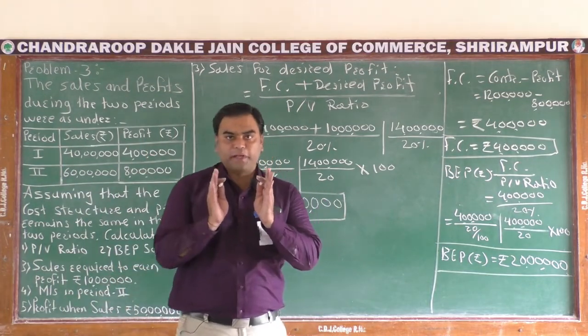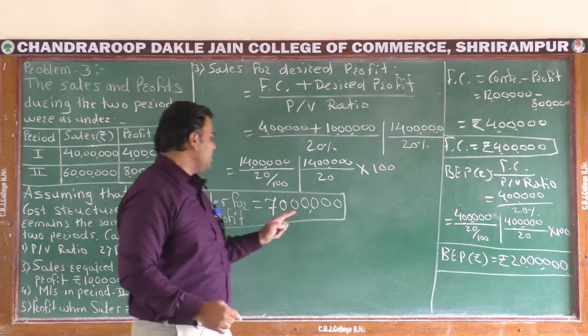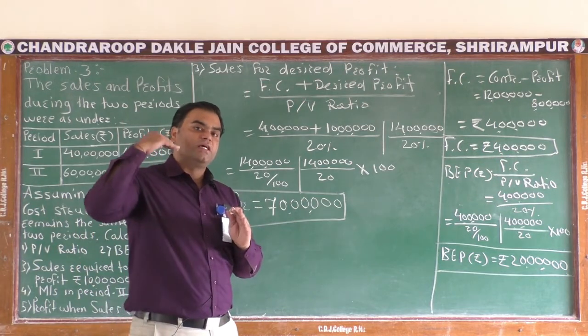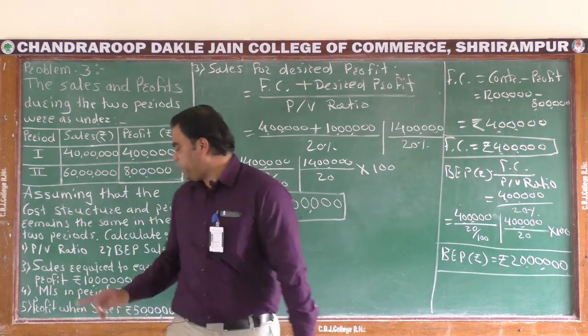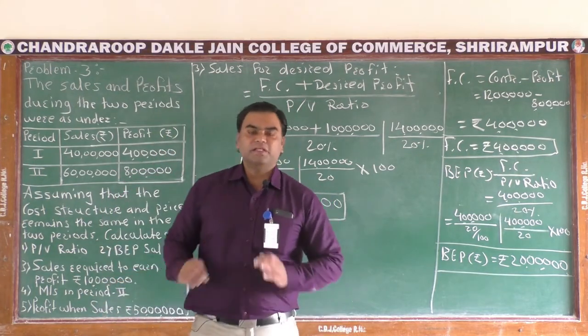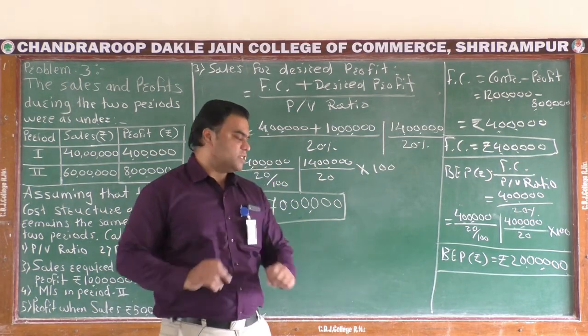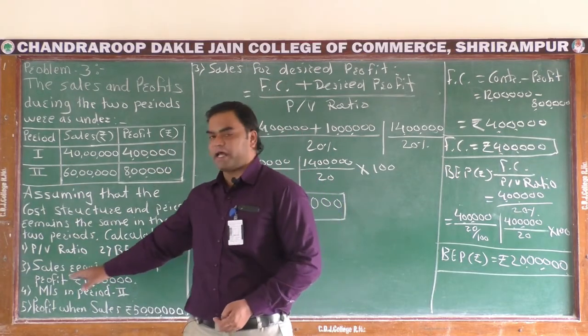To earn profit rupees 10 lakh, company will have to generate sales rupees 70 lakh. Means whenever company reaches 70 lakh sales level, then company's profit will be 10 lakh. So here we have calculated third item also.